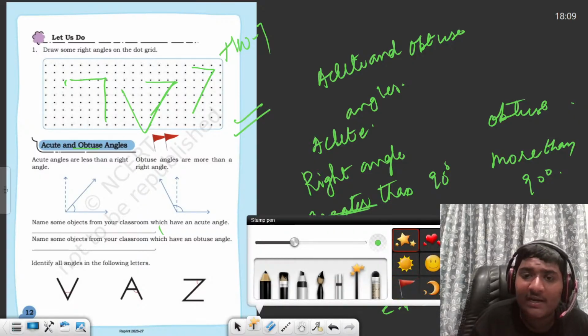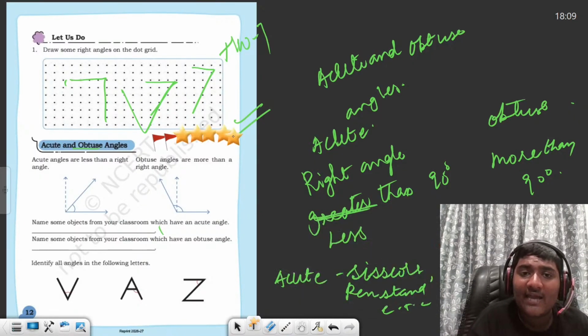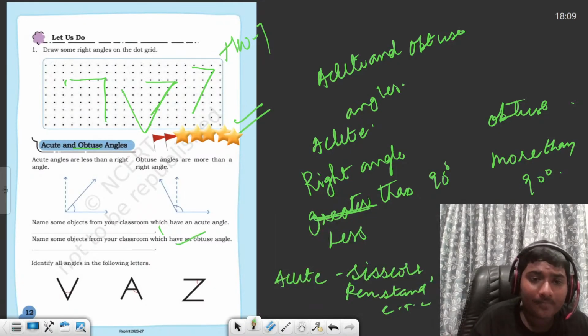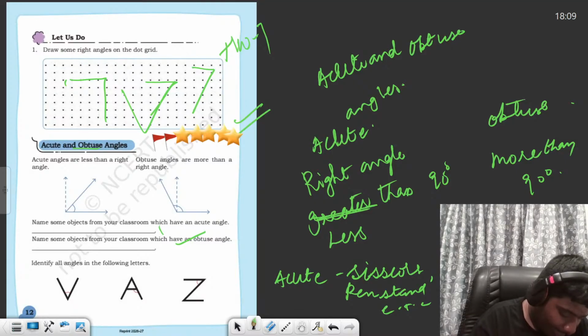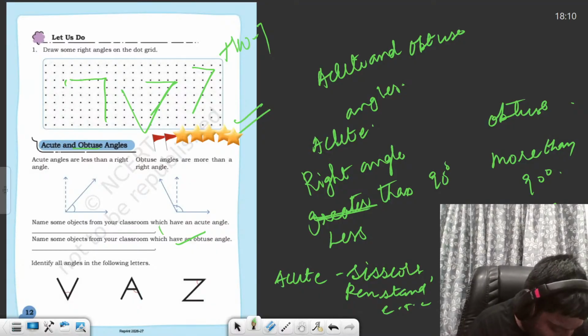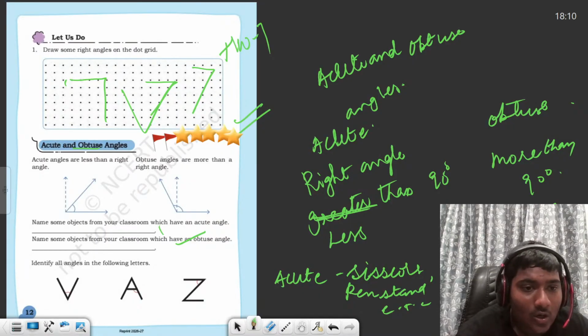These are very important. Continuously in your higher classes, you are going to learn all these things. Obtuse angles in compass, you can see all these. Compass, etc. Everywhere you can see, children. It's not an issue.